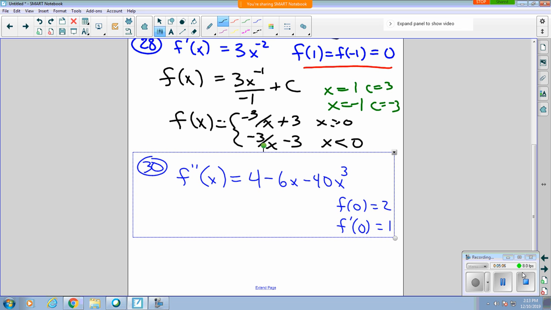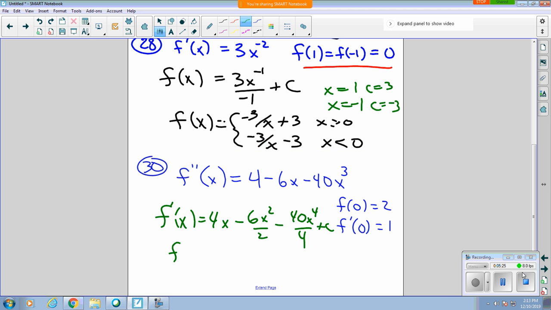It's all polynomial. So again, I would start by doing the first derivative, adding 1. It's 4x minus 6x squared over 2 minus 40x to the fourth over 4. You can see that they made this problem pretty. It's plus c. I would reduce it at least this much.